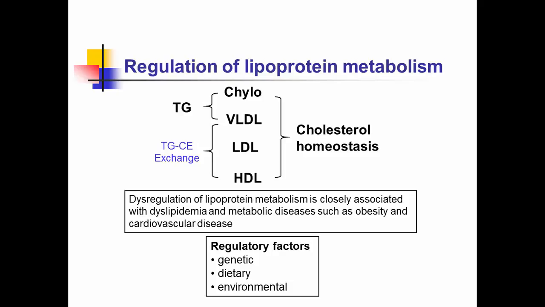In general, the regulatory factors that can influence lipid metabolism include genetic, dietary, and environmental factors, right? I think genetic and dietary factors are the most important factors that affect the regulation of lipoprotein and lipid in the body.